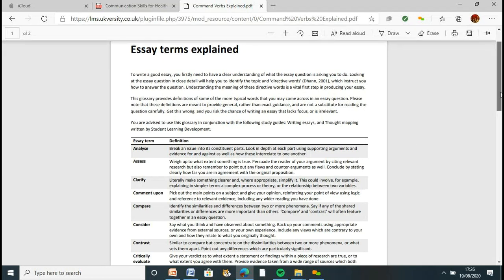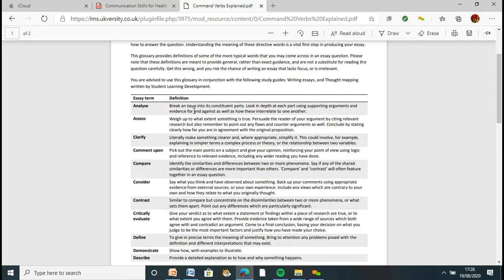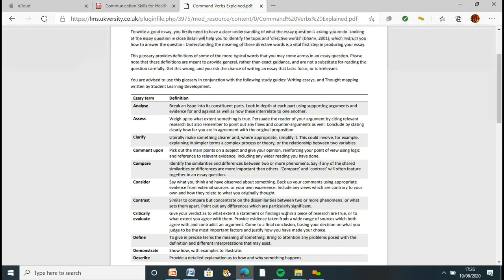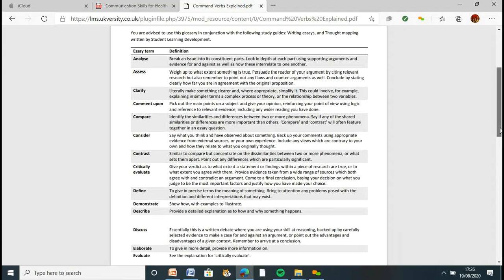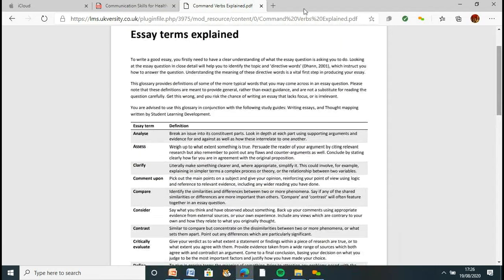If you go into there, this is something that one of our other tutors has created, and it's fantastic. Because you might see on some questions it says describe, some will say analyze, some will say evaluate. So we need to be clear on exactly what these command verbs actually mean. Because I know sometimes questions can be so similar.